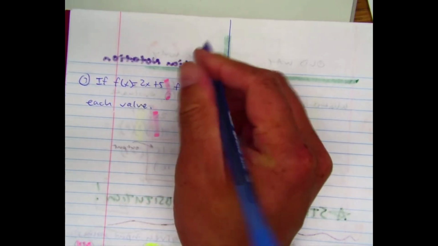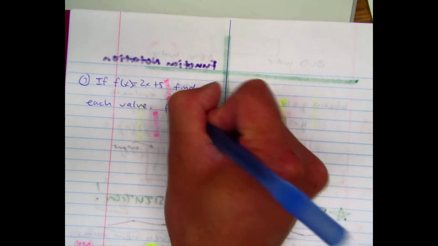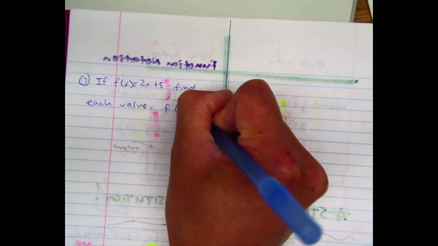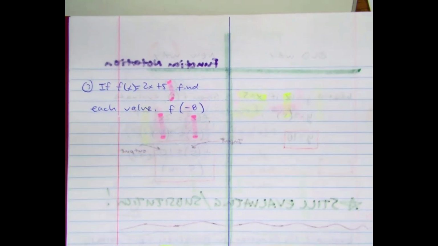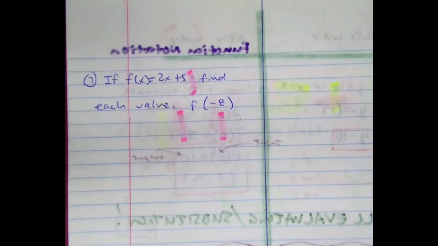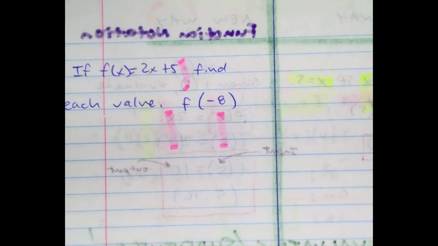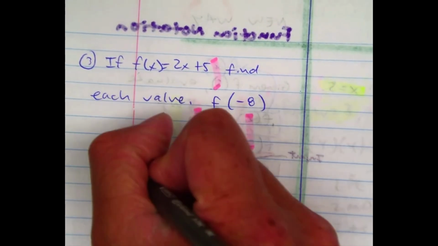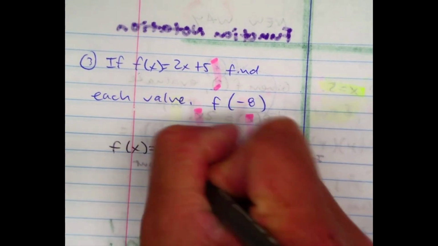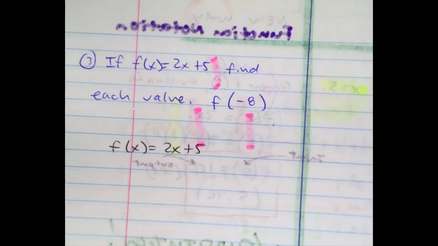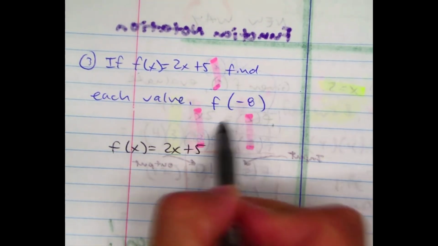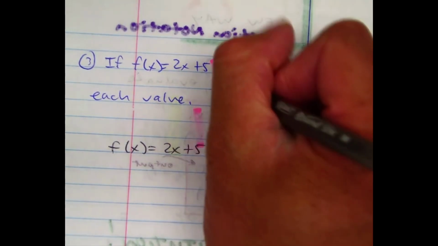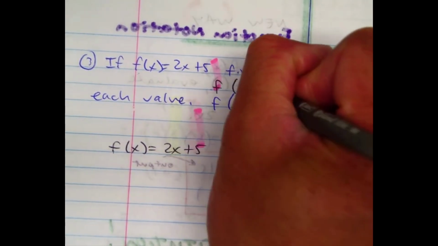And then for number 3, it says f of negative 8. So in this problem we have function notation. I would probably just rewrite the function here, f of x equals 2x plus 5. And class, what are we going to write above or below? X. Right, f of x.